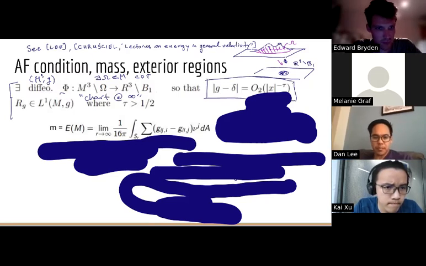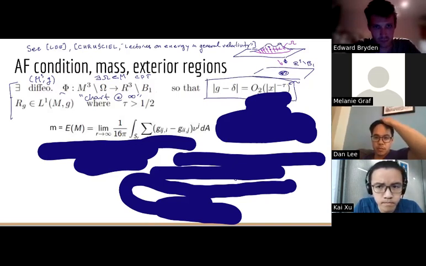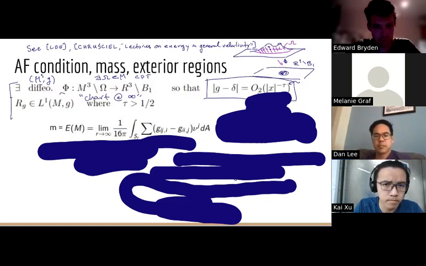The requirement is that this difference should decay at some rate: like the distance from the origin to the minus tau power, where tau is some number bigger than a half. Also the first and second derivatives of this difference should decay like the first and second derivatives of r to the minus tau.